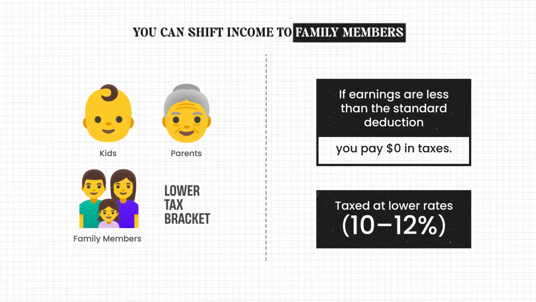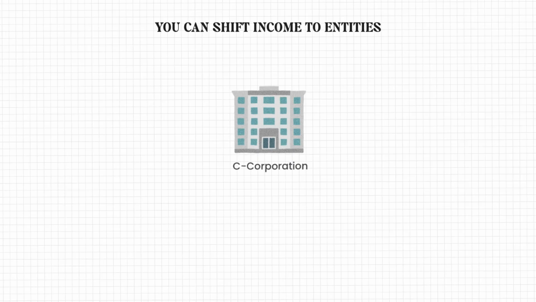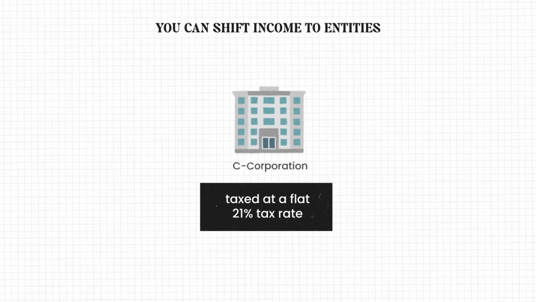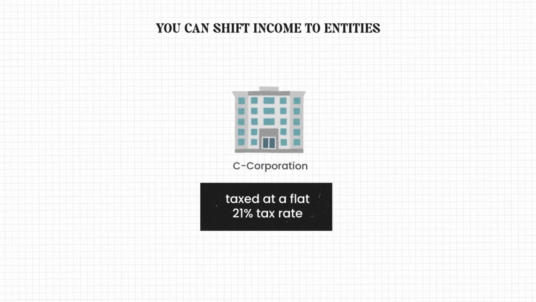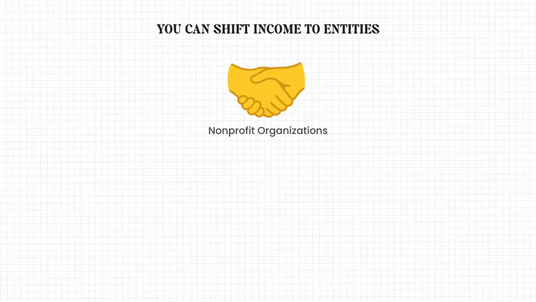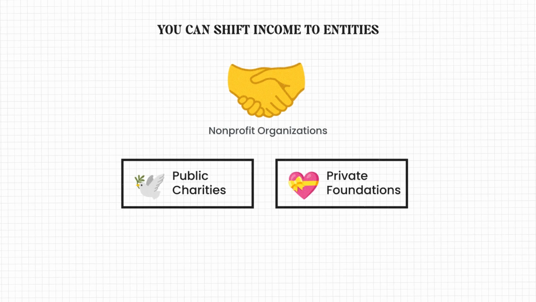Outside of that, you can also set up entities to shift income to. You may be able to move some of your income into a C corporation to have it taxed at that flat 21% tax rate instead of a higher tax rate, assuming that you're using those funds to reinvest into something else. You can also shift income to nonprofit organizations that you own and control, like public charities or private foundations.